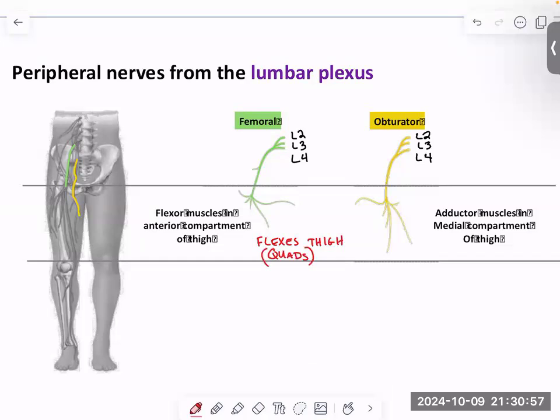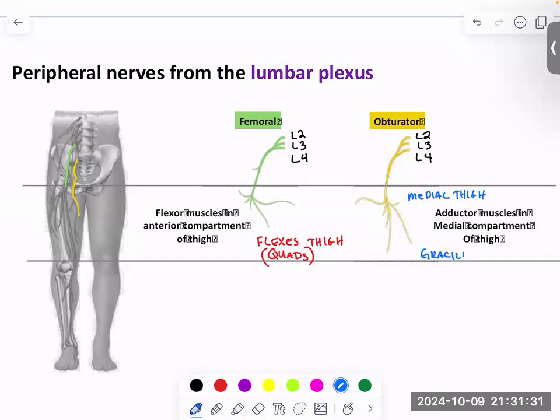The obturator nerve also starts at L2, L3, L4, and it powers the medial thigh. This one makes you adduct the thigh. Can you think of a muscle that adducts the thigh? It's on your muscle list for lab. Gracilis.